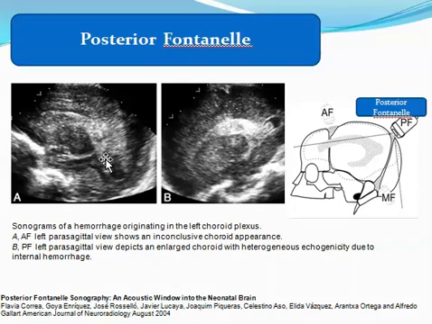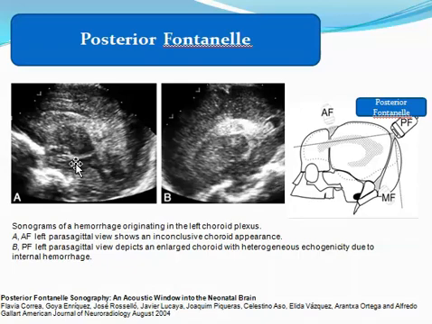In such situations where you are not very sure, if you look through the posterior fontanelle, look over here. From the posterior fontanelle, the parasagittal view shows you the enlarged choroid with heterogeneous echogenicity due to the internal hemorrhage.